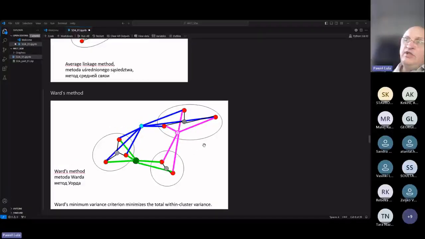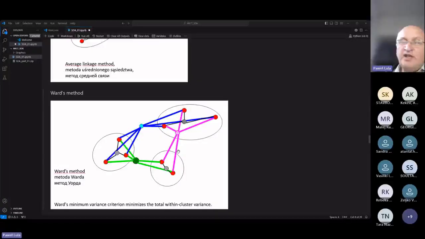If we decide to join these 2 clusters, the centroid will be here, and these pink lines represent distances. Also, it is possible to calculate variance in this case.